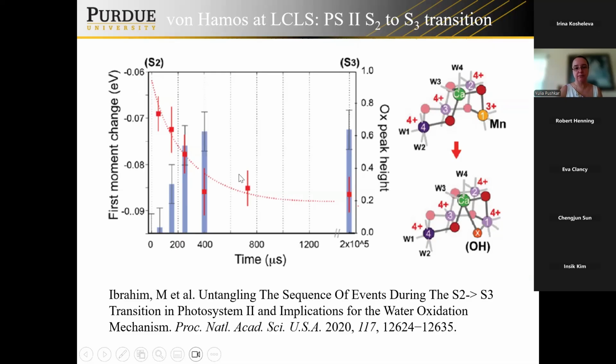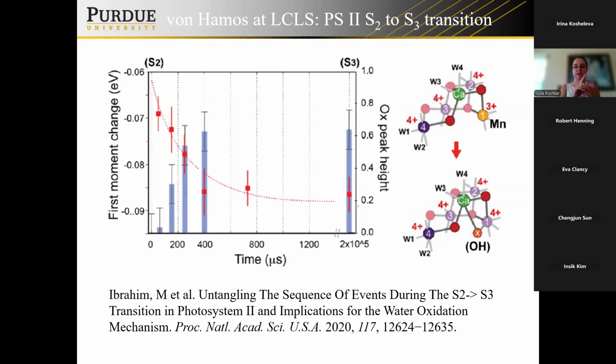You see a number of time points were detected, and here the structural change in the cluster is combined with the change in oxidation state. You can try to match when this extra oxygen gets bound versus when manganese gets oxidized. So you can combine structural and electronic change information in one experiment, but you see the year, it's already 2020. So it came significantly later after those initial studies.